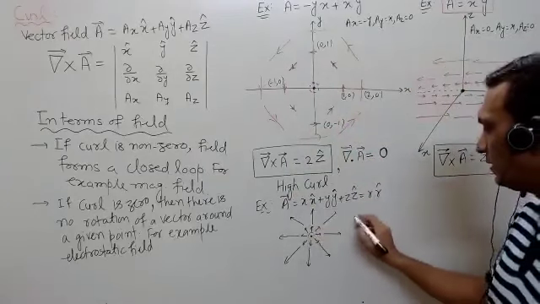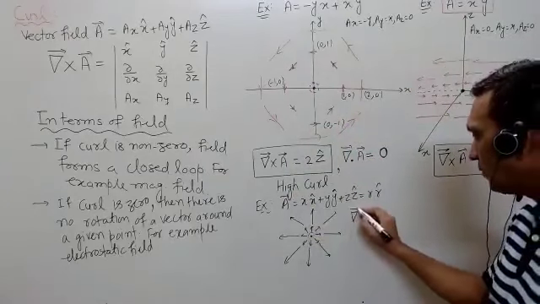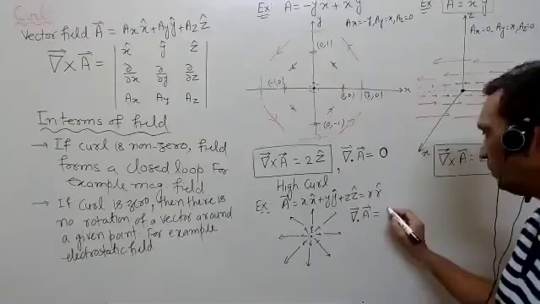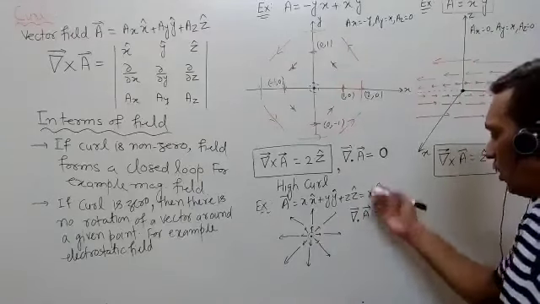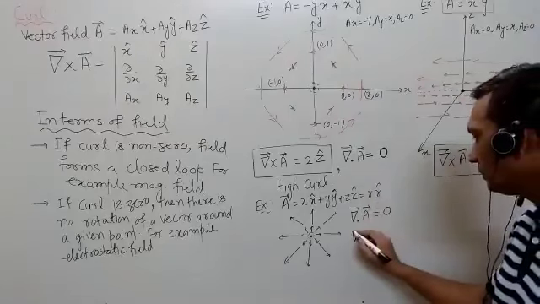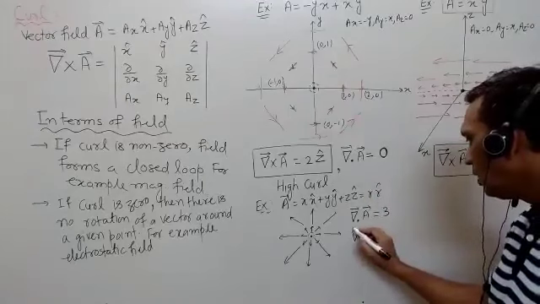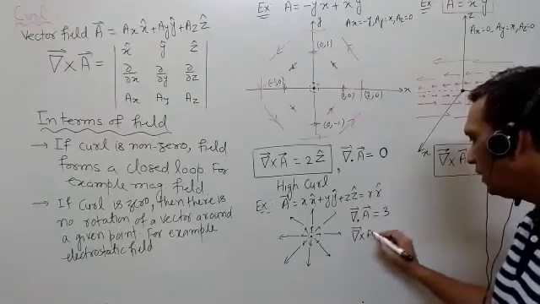In this case, in last class I have calculated divergence of A. Divergence of A is 3. But now calculate curl of A in this vector field.